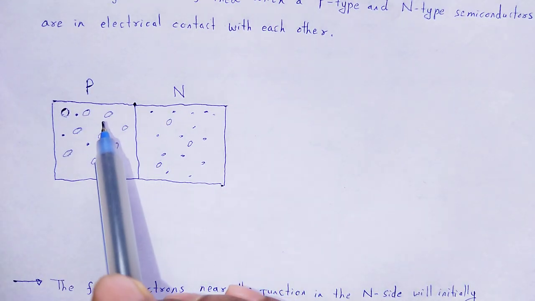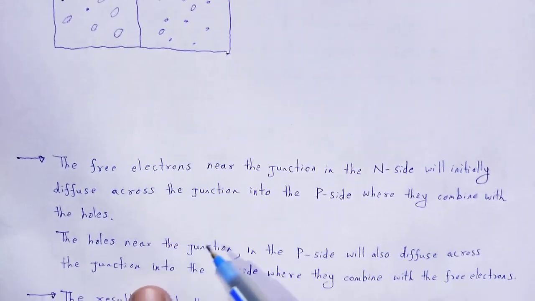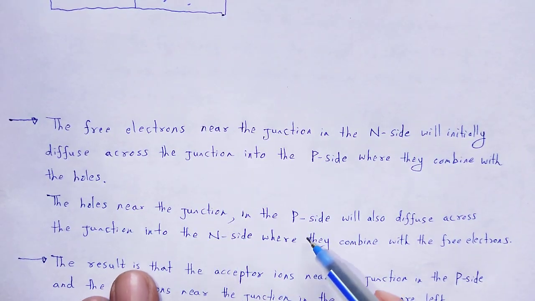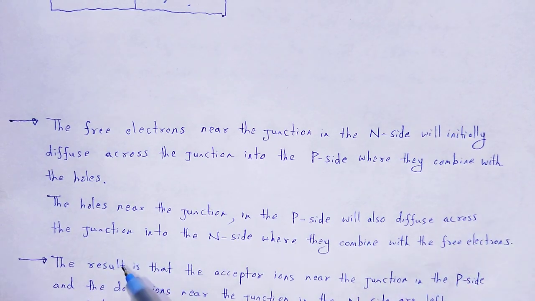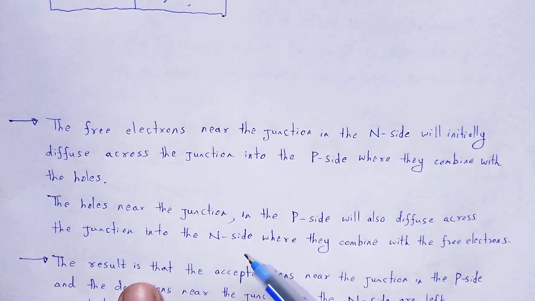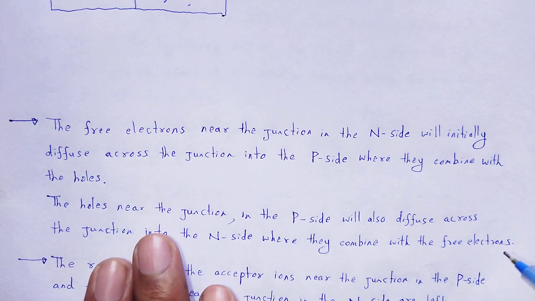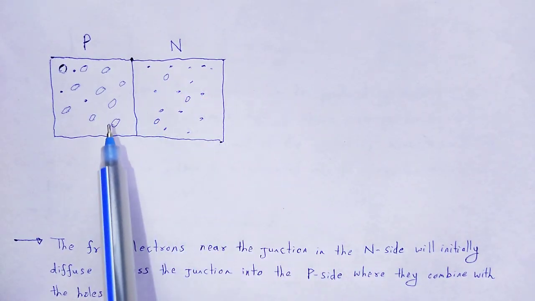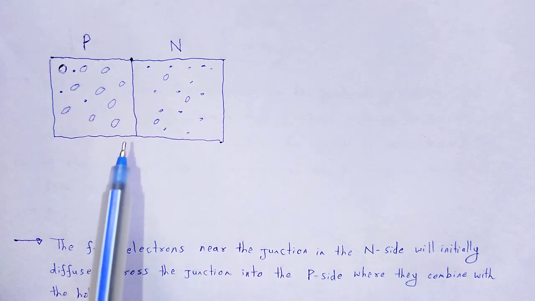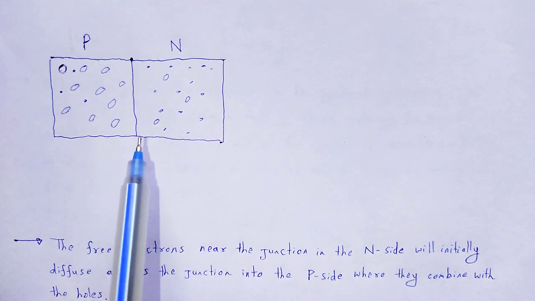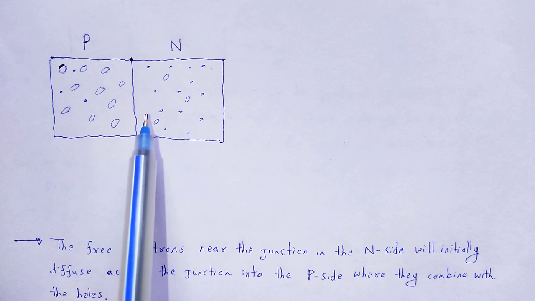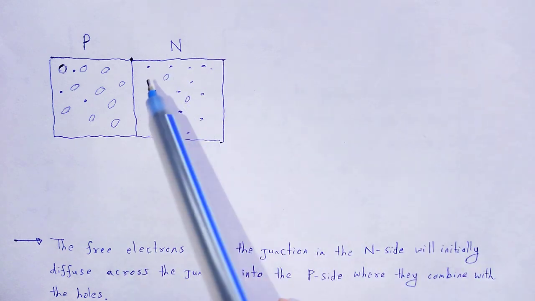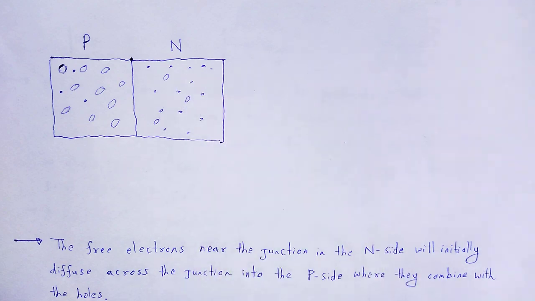The holes near the junction in the P side will also diffuse across the junction into the N side, where they combine with the free electrons.